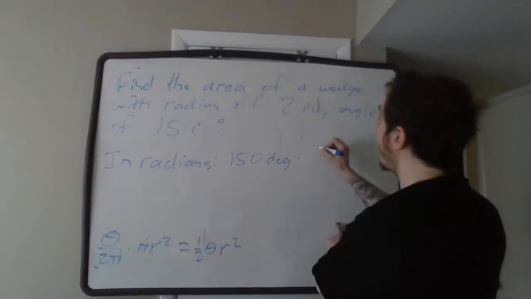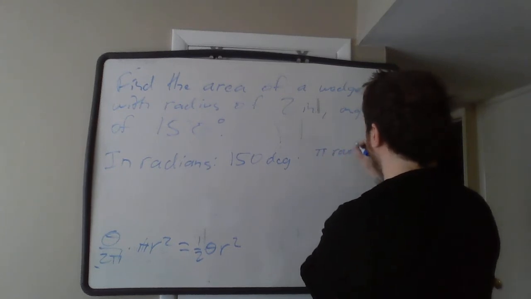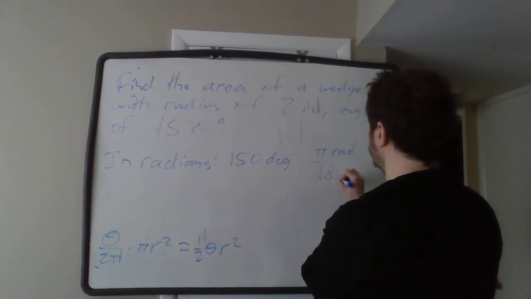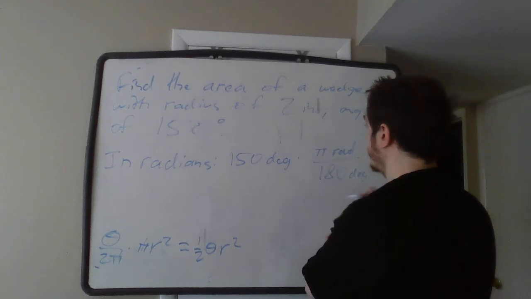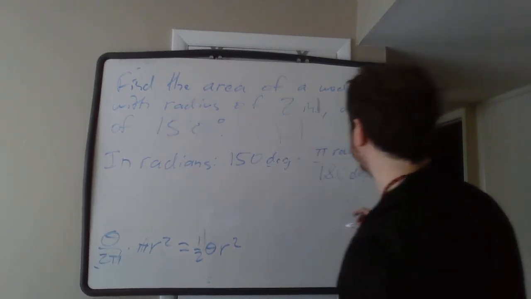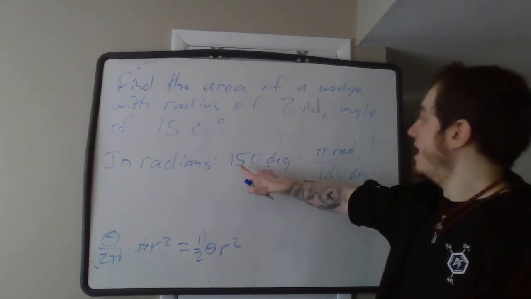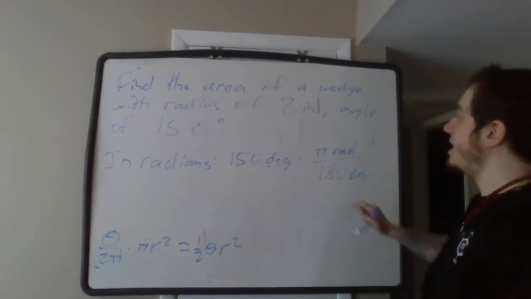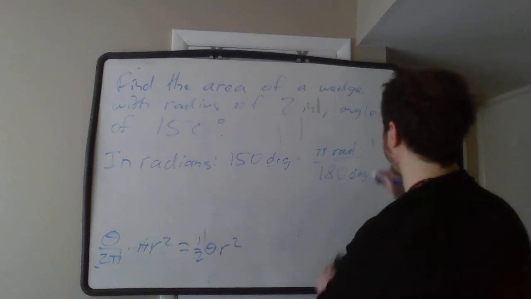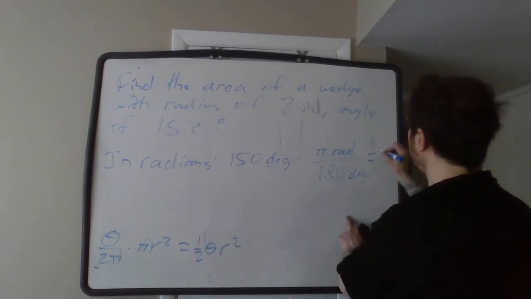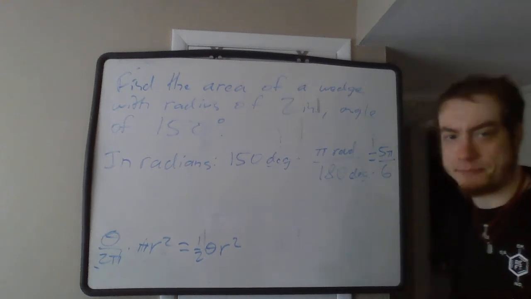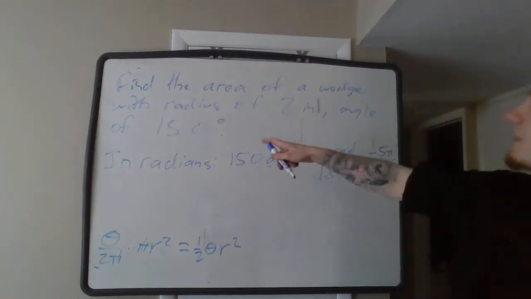Well, it's going to be pi radians over 180 degrees. Degrees are going to cancel. 150 over 180 is the same thing as 15 over 18, and that should come out to be 5 over 6. So we get 5 pi divided by 6. So that is my angle.